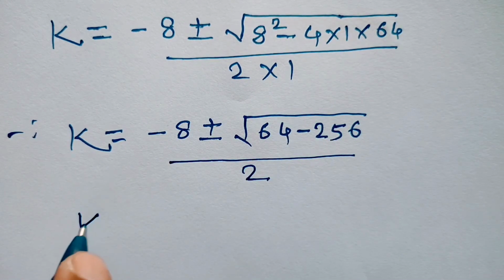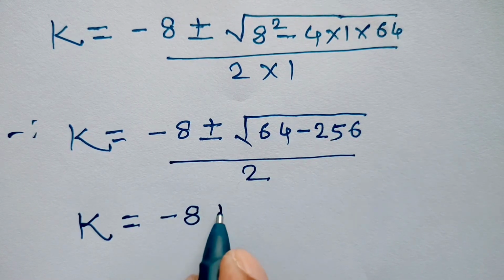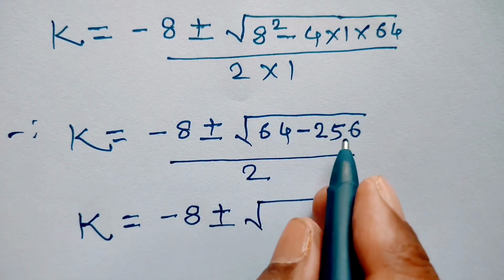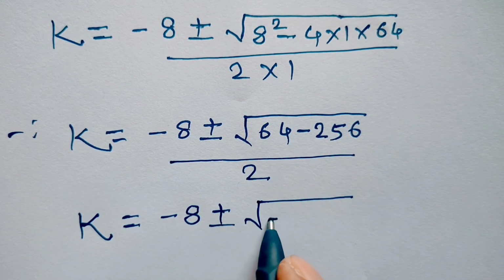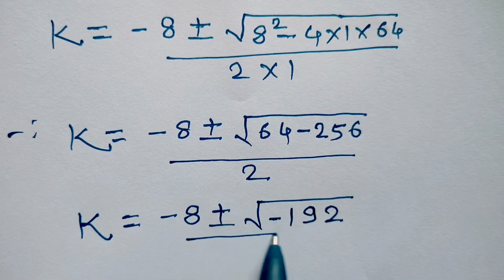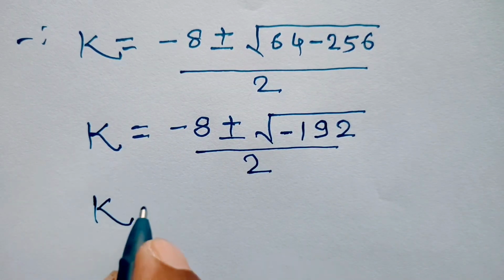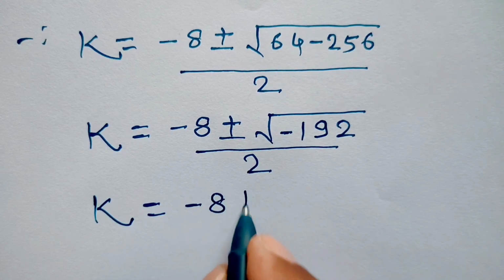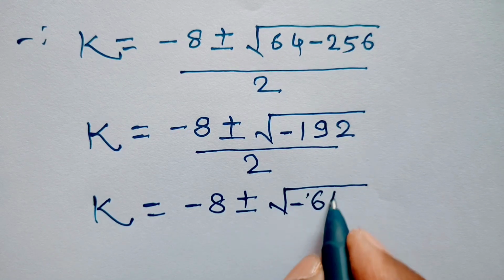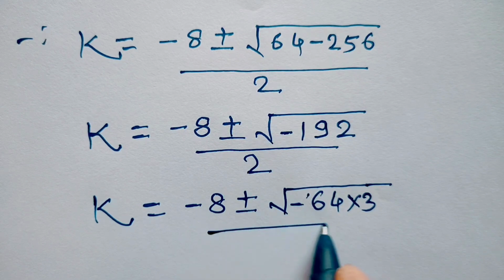Again simplify. k is equal to minus 8 plus or minus square root of 64 minus 256 is equal to minus 192, divided by 2, which is equal to minus 8 plus or minus square root of minus 64 into 3, divided by 2.